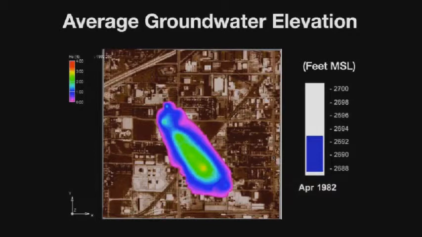And I want you to pay attention to two things here. Here we have the groundwater elevation in feet. See, groundwater elevation is going to vary along the time. Time is going to pass here. I want you to pay attention to this point here: the groundwater elevation and the shape of the plume.